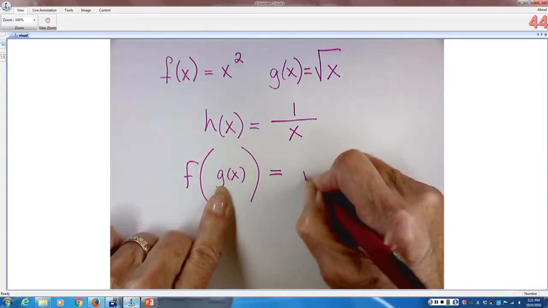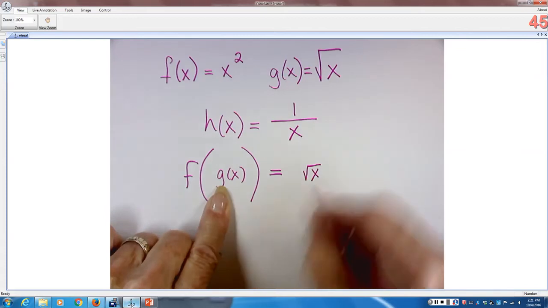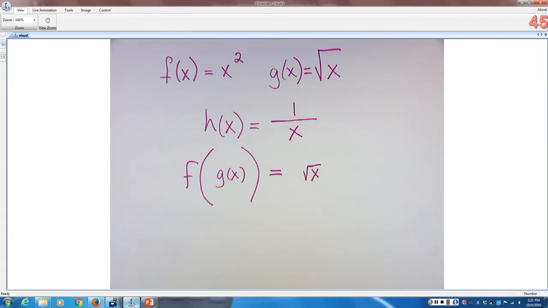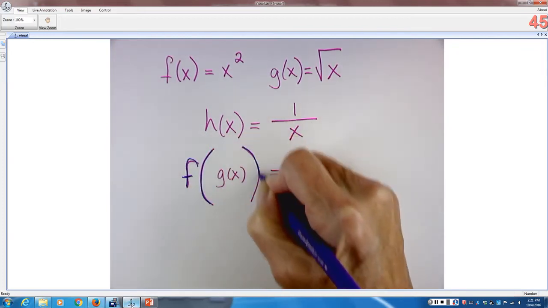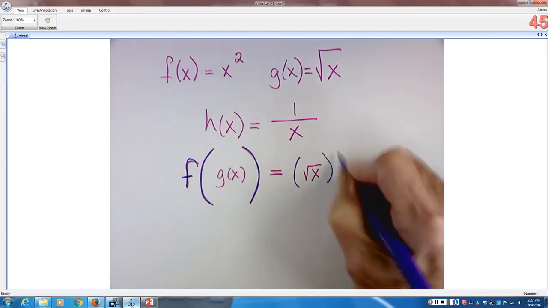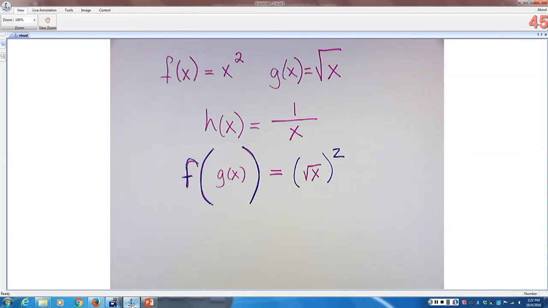So take g of x, there's g of x, and do what f says to do to it. And f says square it. Okay? Now we can simplify that. I'm not saying we can't, but that's not what the goal is here.